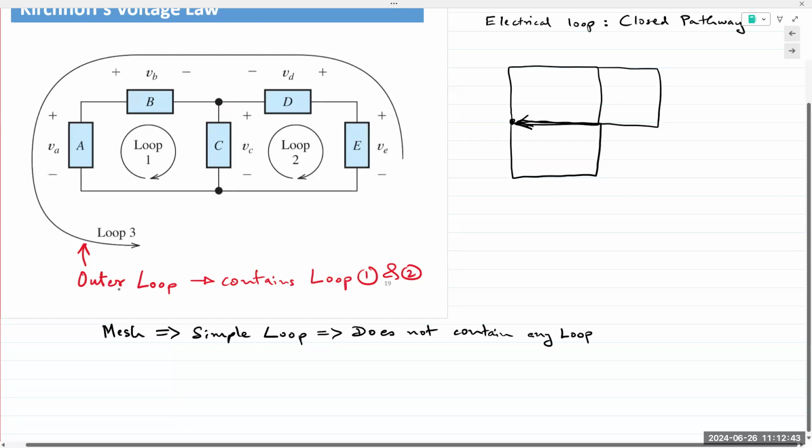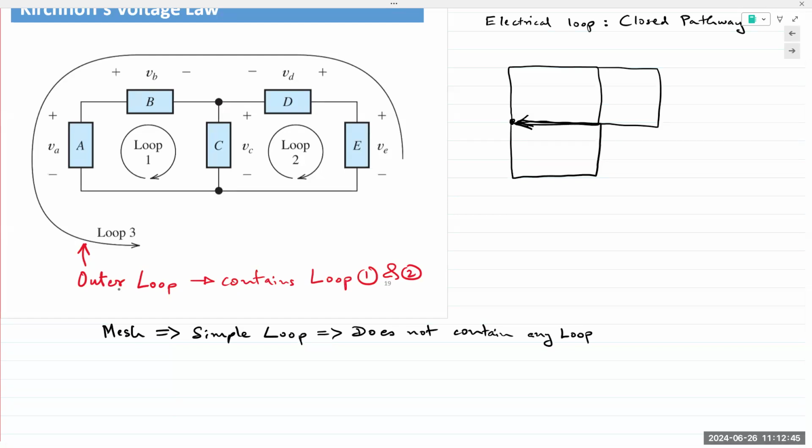And so in this example, loop 1 and loop 2 are meshes because they are simple loops that do not contain any loops inside of them. Whereas loop 3 does contain loop 1 and loop 2, so it is not a mesh. And mesh is an important concept that we will look at in chapter 2.